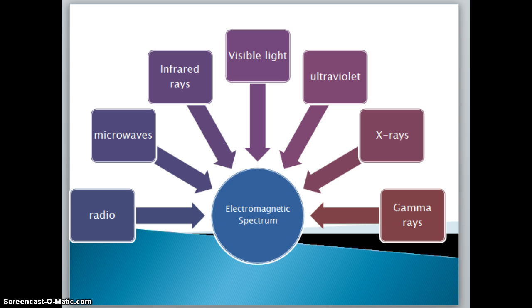X-rays are electromagnetic waves that have frequencies higher than ultraviolet. And because of their high frequencies, again, they carry more energy, and they can penetrate most matter. That's why we use them to take X-rays. So when they use an X-ray, it can penetrate the skin, but it doesn't penetrate your bones.